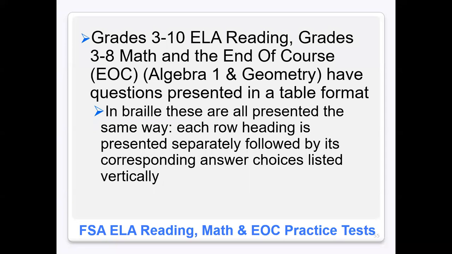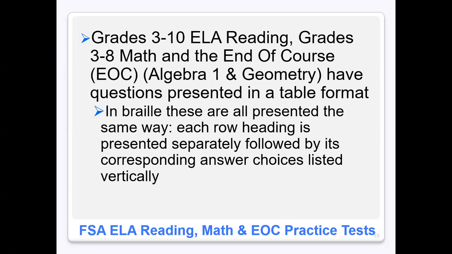All right, in grades 3 to 10 ELA reading, grades 3 to 8 math, and end of course exams, algebra and geometry, they have questions presented in a table format. In Braille, all of these questions are handled the same way. Each row heading is presented separately, and it's followed by the corresponding answer choices listed vertically.